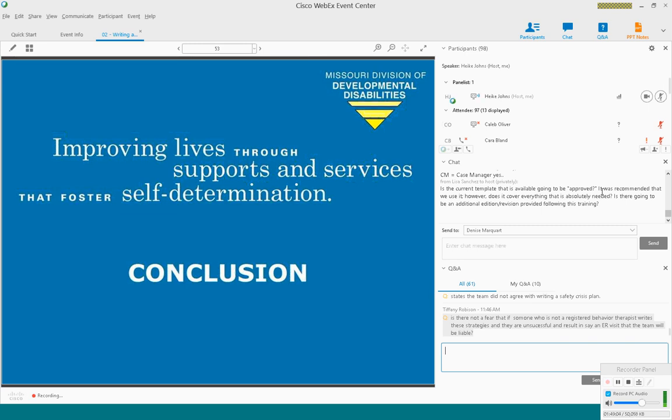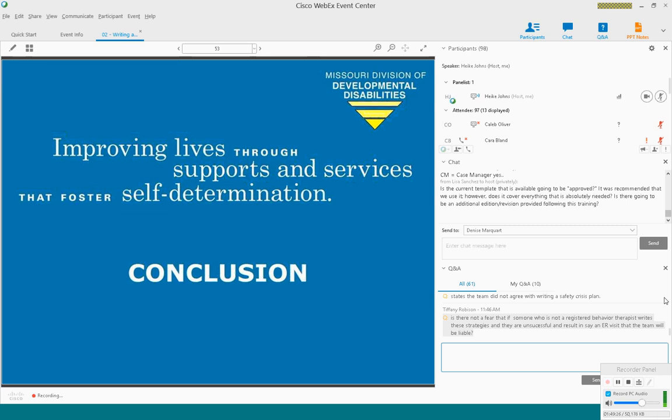Does it cover everything that's absolutely needed? It's a general template that includes the parts of a crisis safety plan as far as we've researched them so far. So I would say yes.